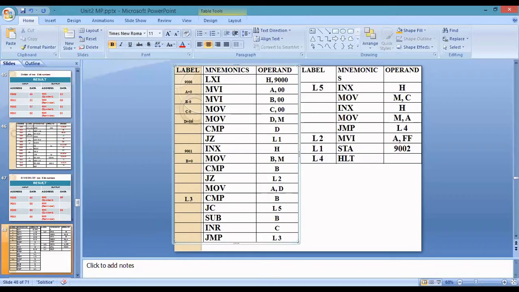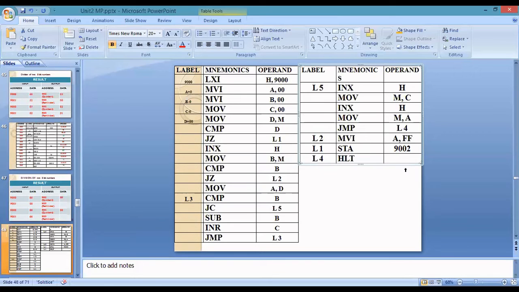Next, we can check when the first number is 0. Compare D means D is compared with the A register. Jump if zero. Now it is 0, so it will come here and store STA 9002. What is the value of A?